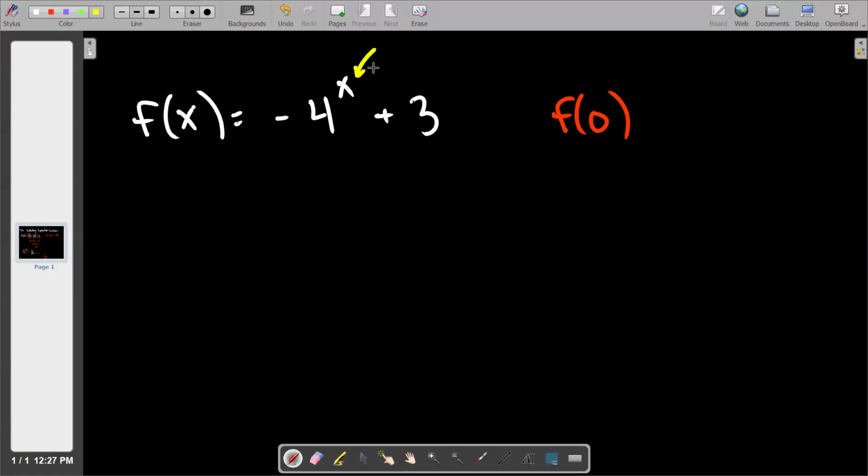This particular function only has one. I think most of the problems in this section that you're going to see on your assignment only have one feeding slot. So you'll just have to replace one letter with a number. So if I replace that x with a 0, the working stage of this says -4 to the 0, plus 3. So what happens now?